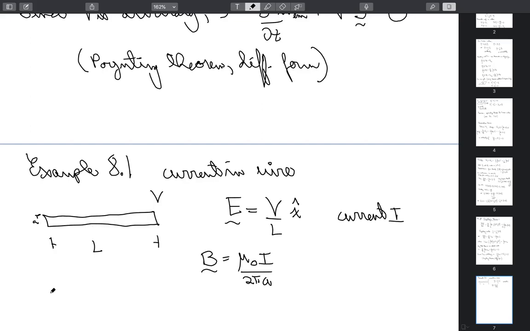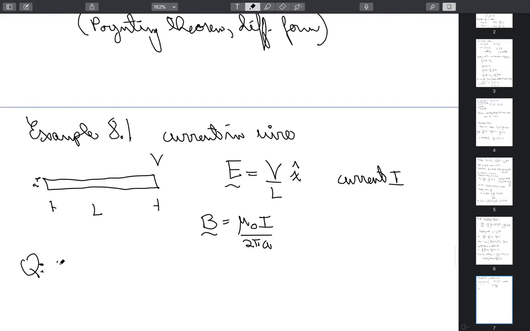Now the question is to compute the Poynting vector at the surface. So B is 1 over the distance, but because we're at the surface, I put the a here.